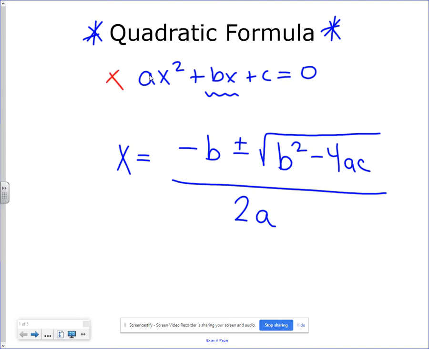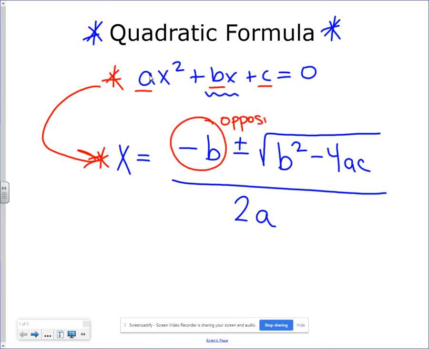The standard form, this is how you get your values of a, b, and c, to plug into this equation, which is called the quadratic formula. This is read negative b, but it would probably be helpful if you think of it as the opposite of b. Instead of reading it as negative b, read it as the opposite of b. So it's the opposite of b, plus or minus the square root of b squared minus 4ac all over 2a.